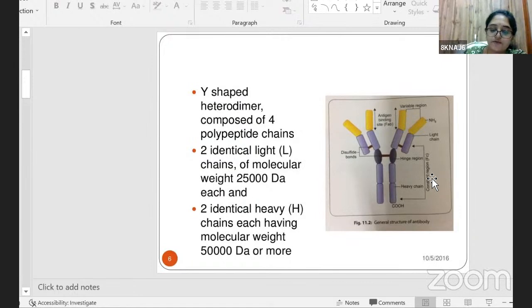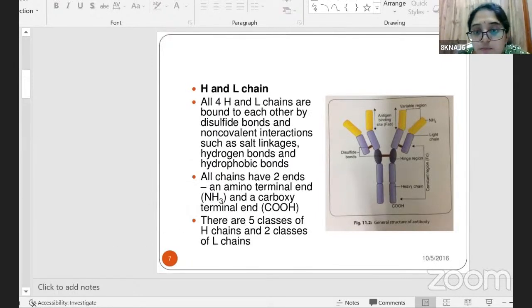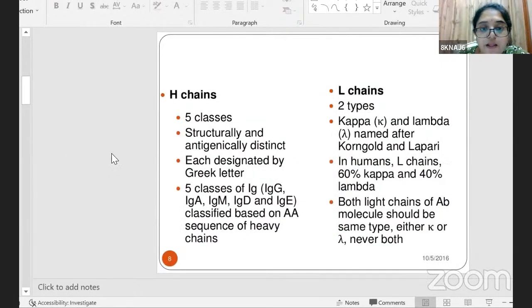Now you have five different types of heavy chains: gamma, mu, alpha, epsilon, and delta, designated by Greek letters.